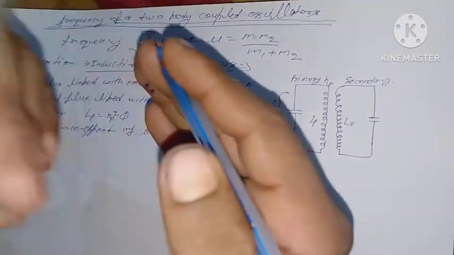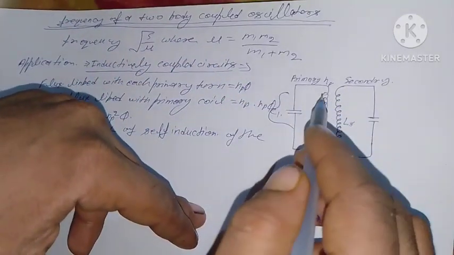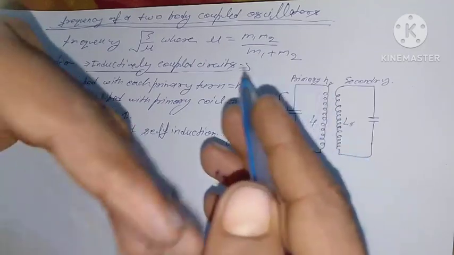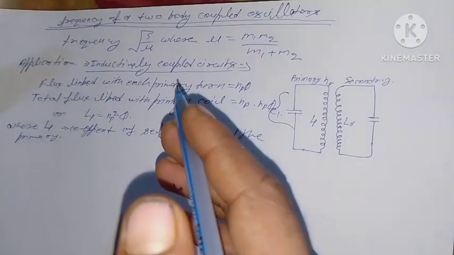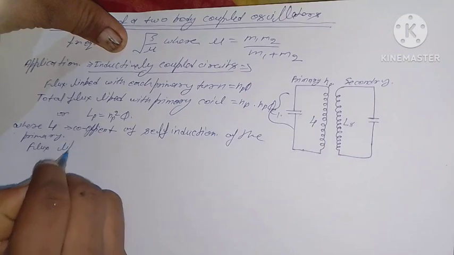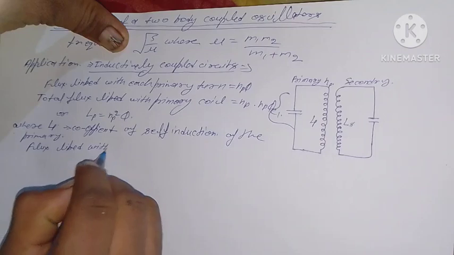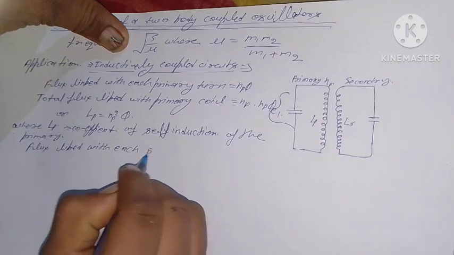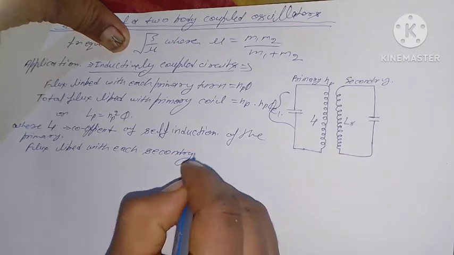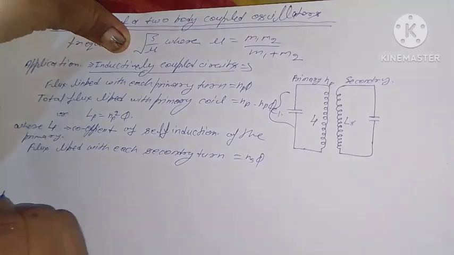Similarly, if a unit current flowing through a single turn of the secondary coil also produces a magnetic flux phi, then the flux linked with each secondary turn is NS phi.